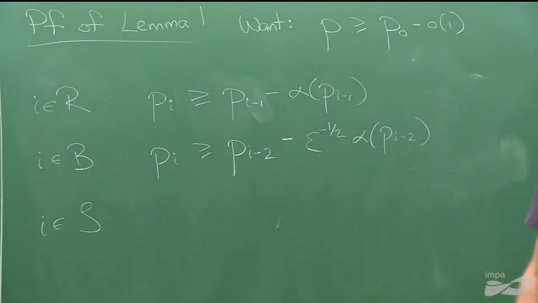How about when i is in S? Yeah, it should go up. I mean, it's called a density boost step. It would be very rude of us to call it that if it didn't go up. And so why should it go up?